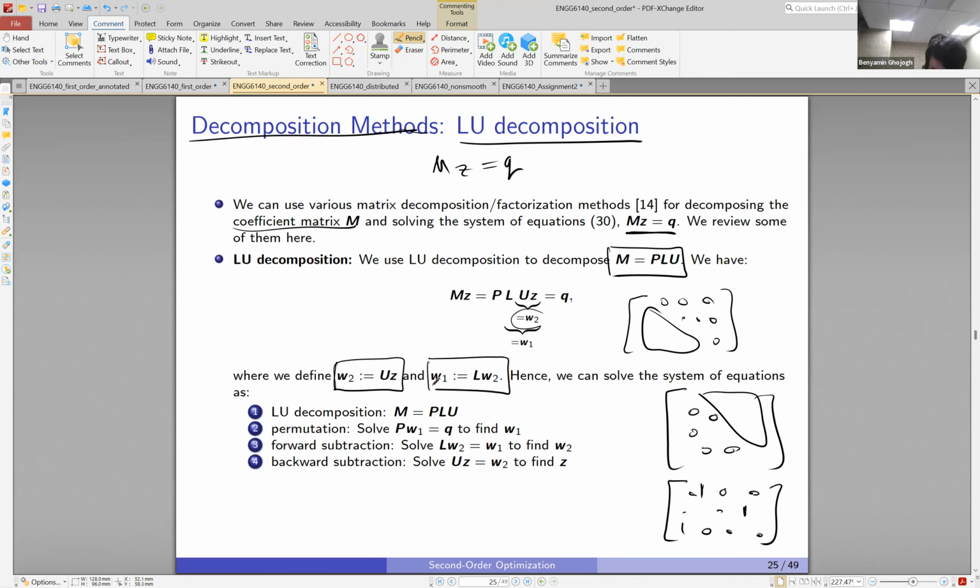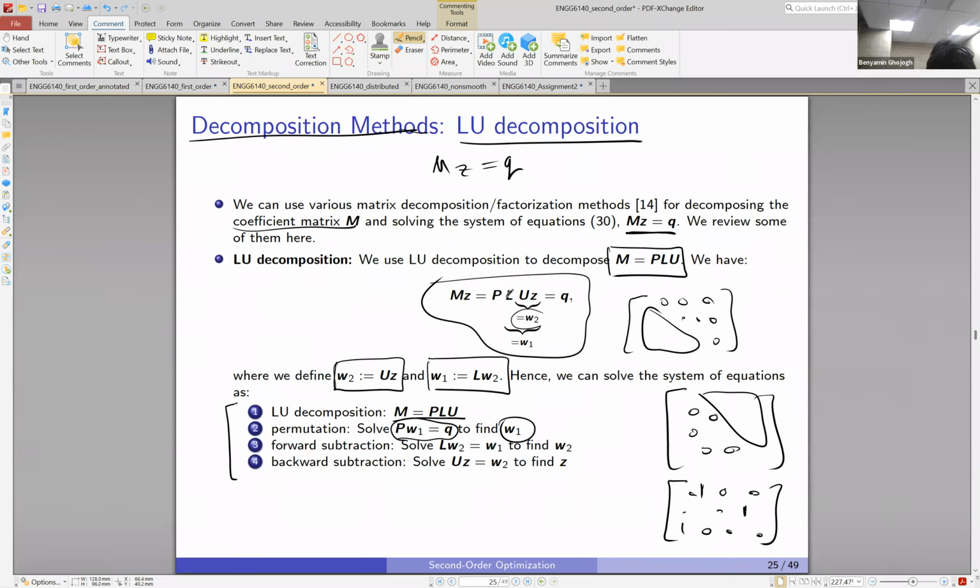I define it, and then I solve this linear system of equations in these steps. I first do the LU decomposition of M, and then I do the permutation. So I calculate PW1, because here we have P times W1 equals Q. So I solve this to find W1.